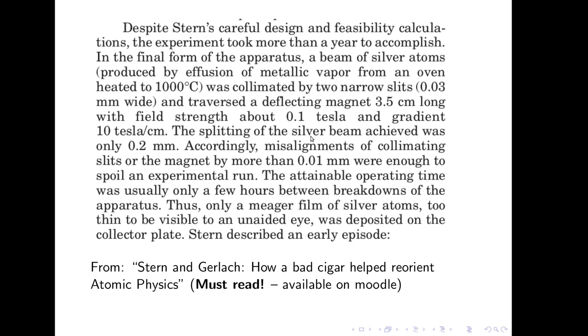The splitting of the silver beam achieved was only 0.2 mm. Accordingly, misalignments of collimating slits and the magnet by more than 0.01 mm were enough to spoil the experiment. And at the end of the day, only a meager film of silver atoms, too thin to be visible to an unaided eye, was deposited on the collector plate.